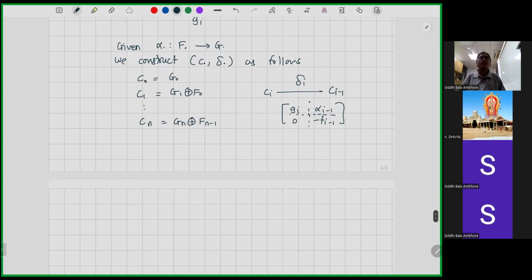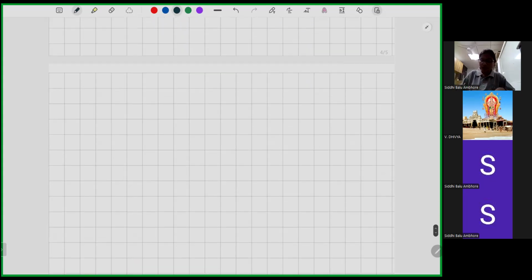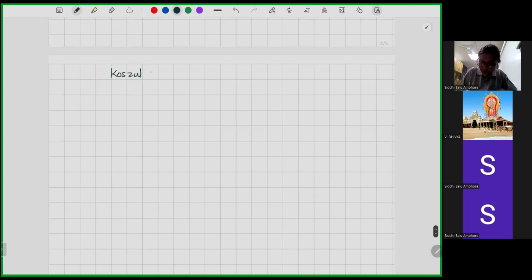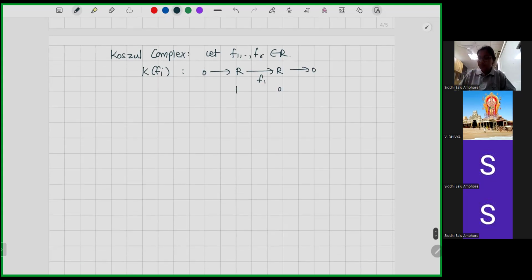Then the Koszul complex. For f1 to fr in R, the Koszul complex of f is just this: R going to R by f1, R going to 0. That's the only map; this is how we define a Koszul complex for one element.